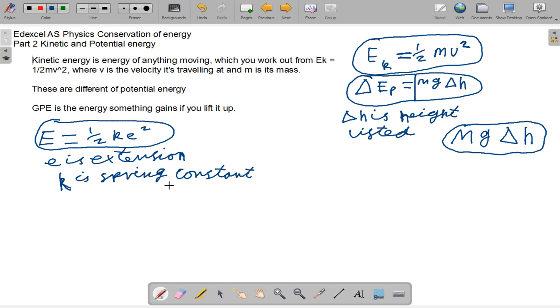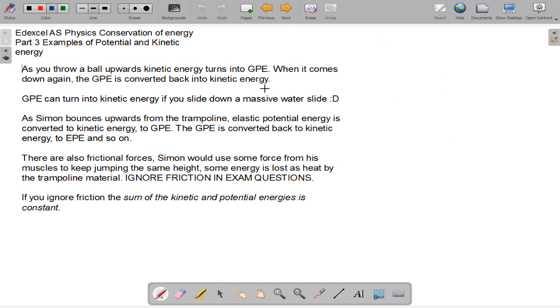So now we'll look at some examples of the changes between potential and kinetic energy. As we throw a ball upwards, kinetic energy is converted into gravitational potential energy. When it comes down again, that gravitational potential energy is converted back into kinetic energy.